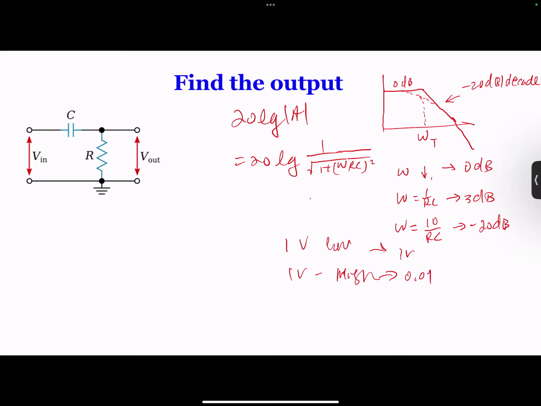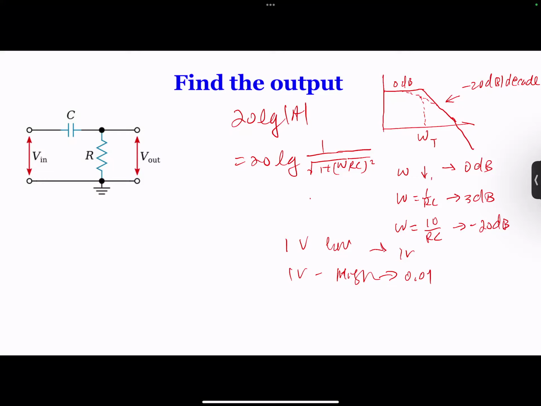So even though you have an input combined of 1 volt low frequency and 1 volt high frequency, your output is only the low frequency passed at 1 volt; the high frequency gets attenuated so much that it does not reflect much in the output. Okay, so that's a low pass.